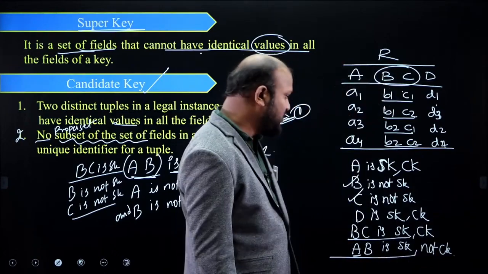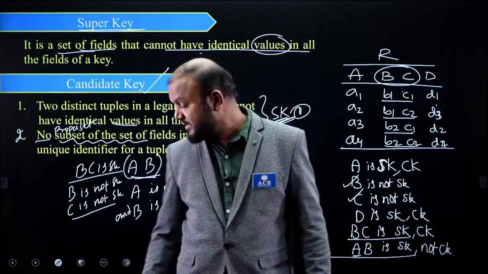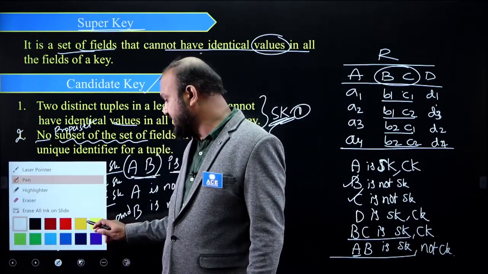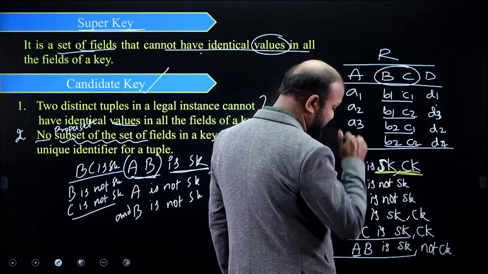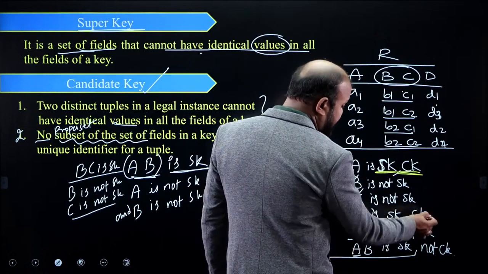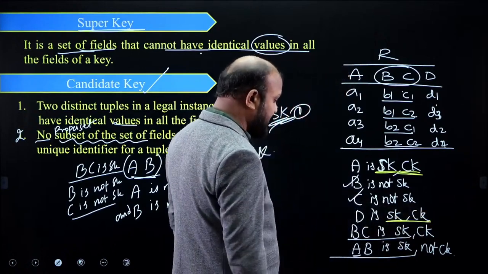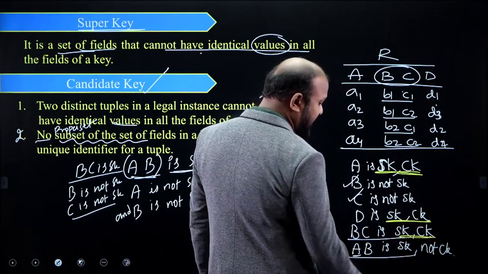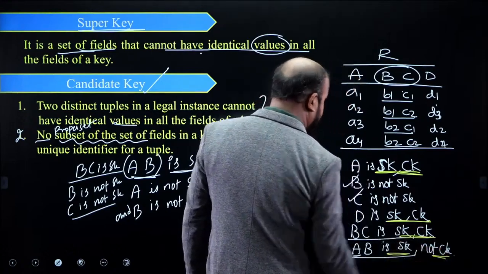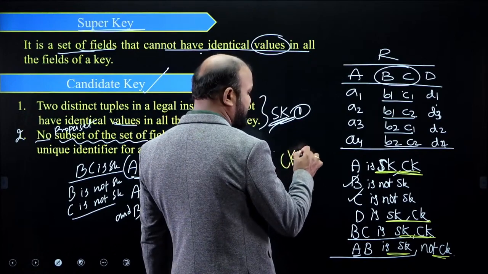Now, observe one point. A is a candidate key as well as a super key. D is a candidate key as well as a super key. BC is a candidate key as well as a super key. AB is a super key but not a candidate key. So what are the candidate keys for this relation?